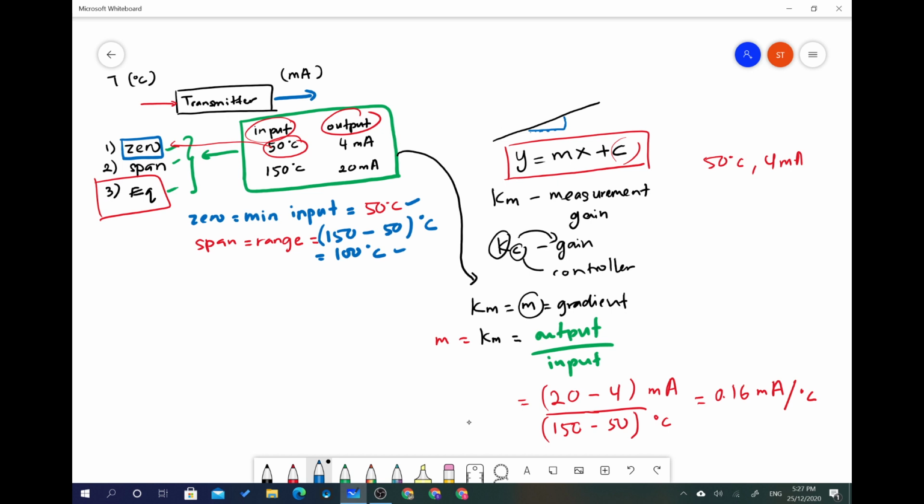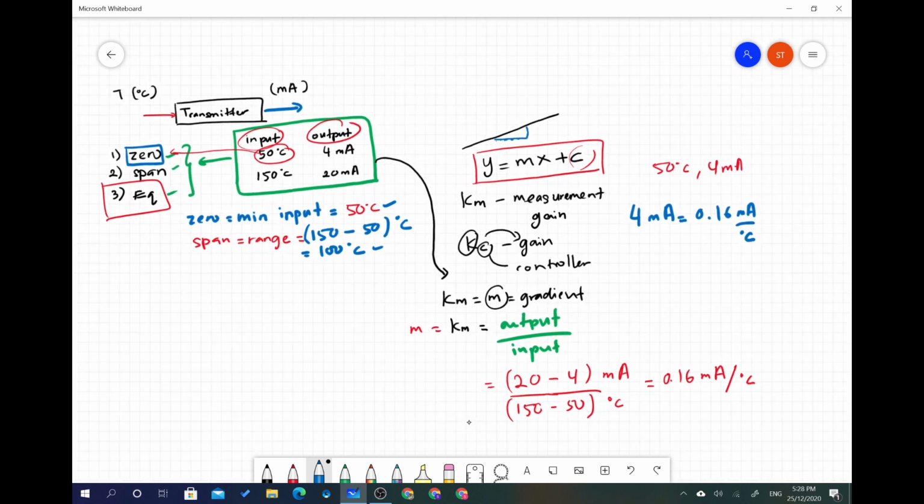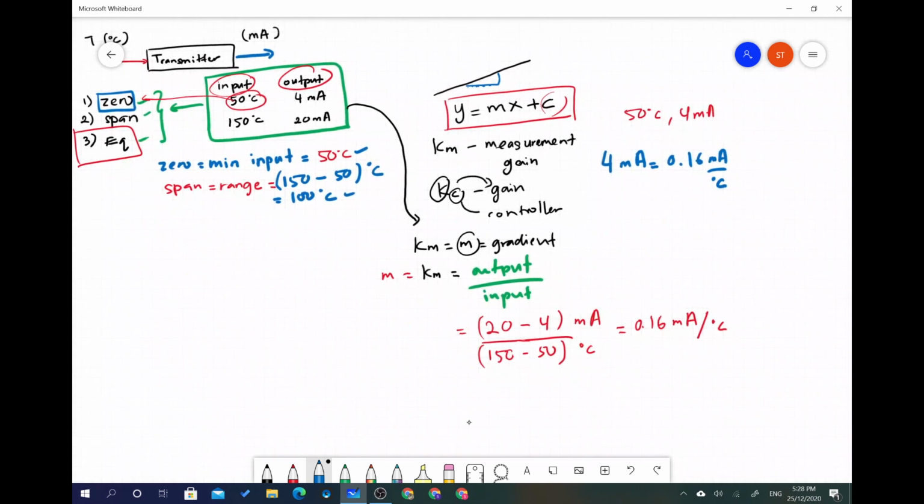Just substitute y equal to 4 milliampere, and then we have the value of m, 0.16 milliampere per degree C, and x is 50 degrees C, plus c.